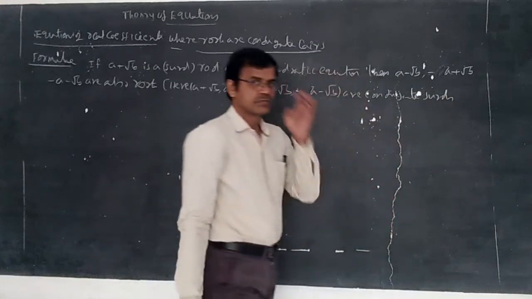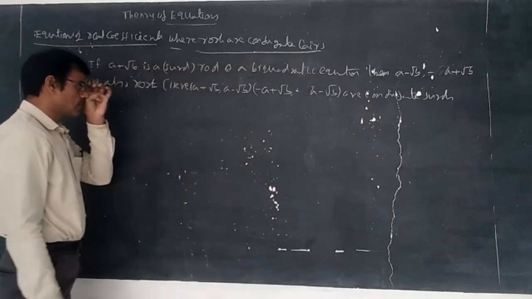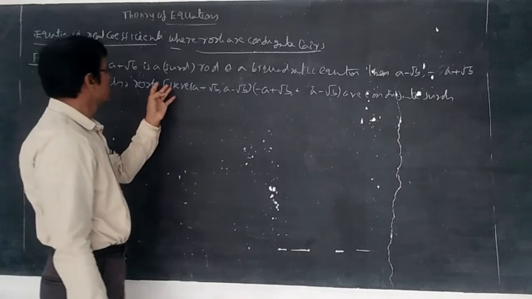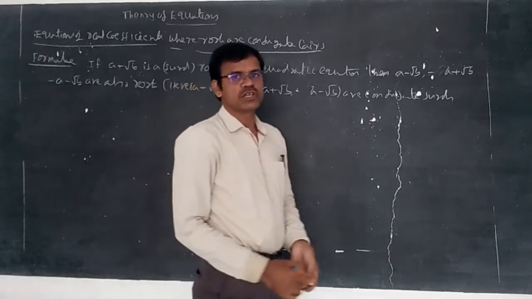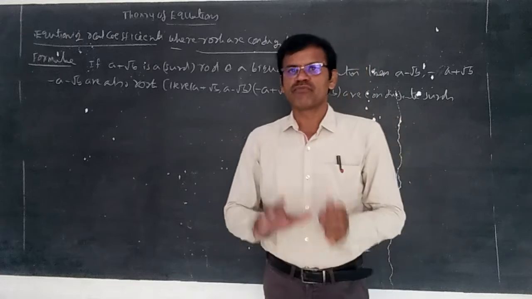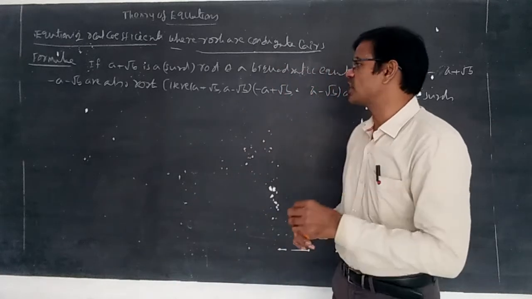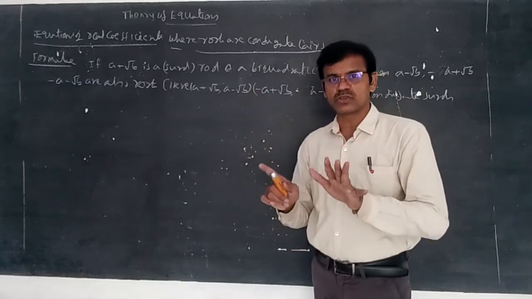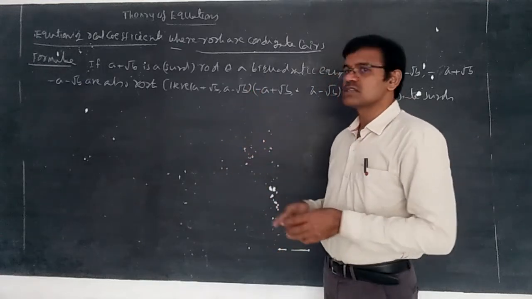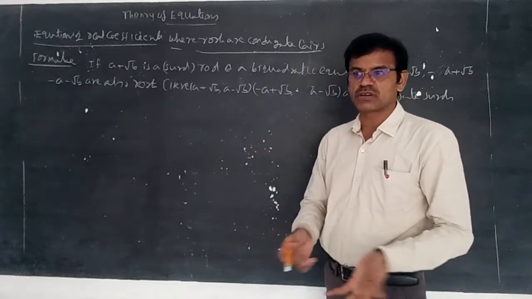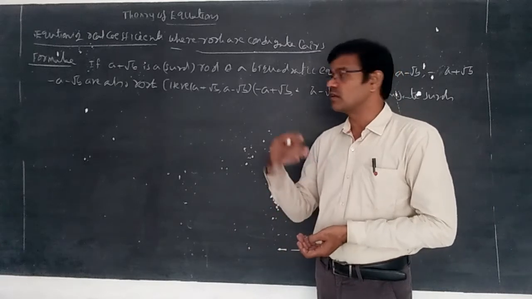Conjugate surds. So I mean that if we are given 2 plus root 3 is a root, then find all roots. If he gave it, then you can understand that 2 minus root 3 is also a root, that's all. But whenever he asks to find all the roots, we should not mention 2 plus root 3, 2 minus root 3 like that.